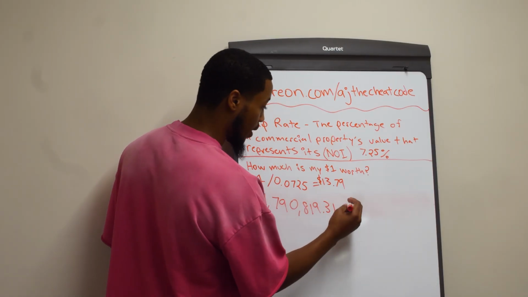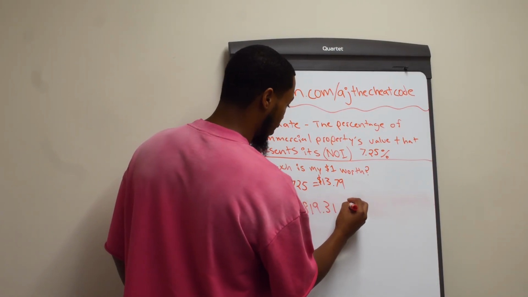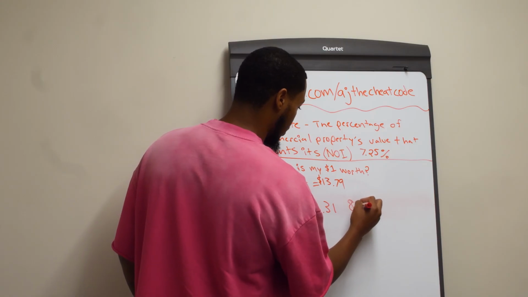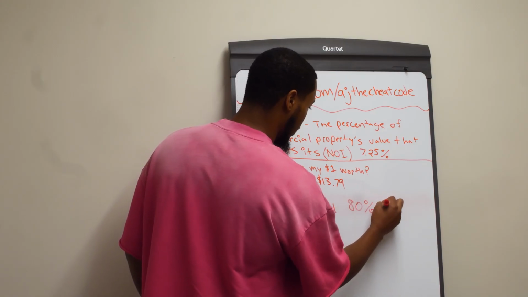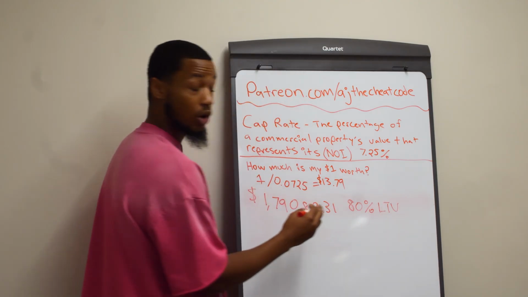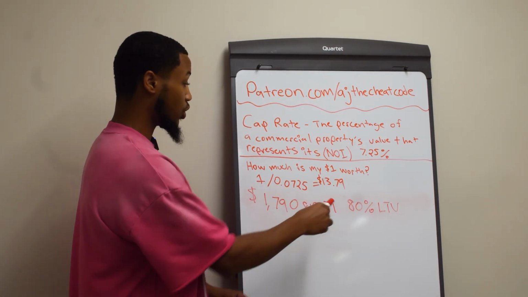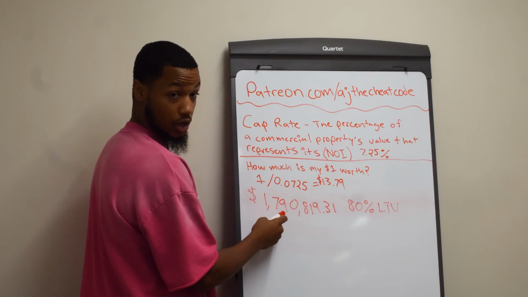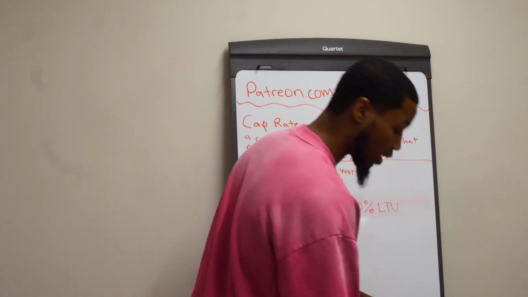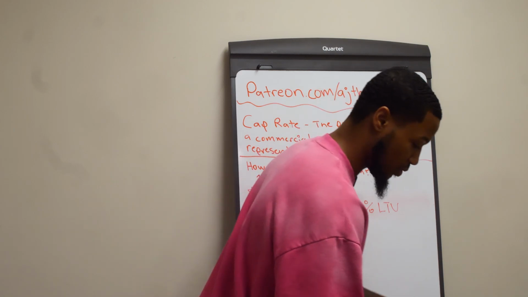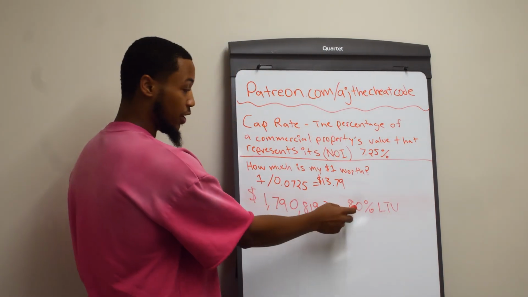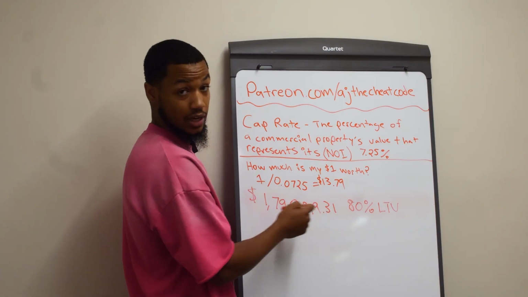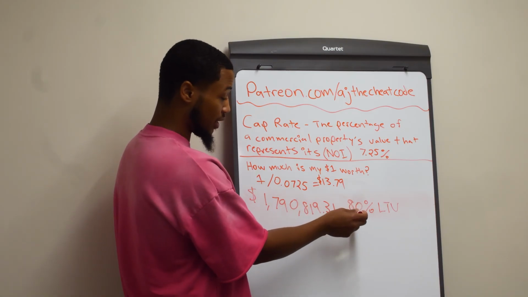So what lenders typically do, they're going to do an 80% LTV, which is your loan to value, right? So you have to do 80% times your valuation, because it's loan to value. That's what I'm saying, that you got to keep some equity in the deal. The reason this isn't 100% is because you want to keep 20% equity in the deal.